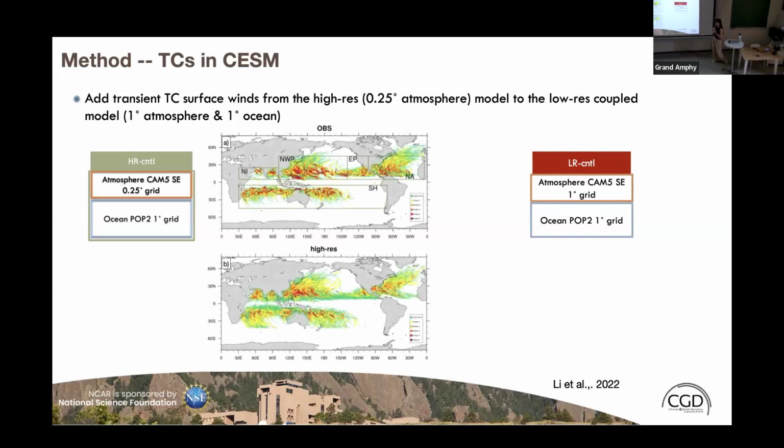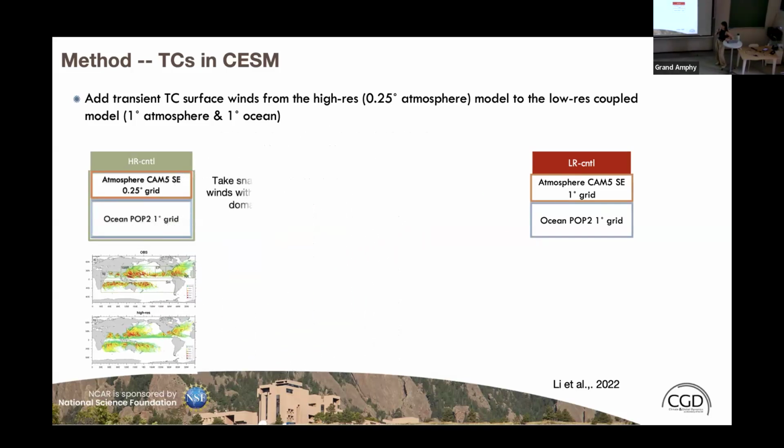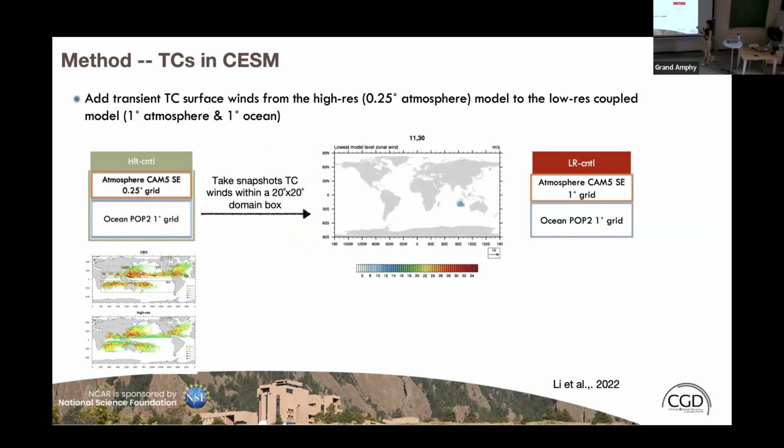This shows 30 years of tracks in the observations compared to the 1/4 degree CESM. You have the climatology, spatial distribution and number, relatively realistic compared to the observations. Then what we did next is track all these TCs, and at each time step, a 6-hour interval I believe, we take a snapshot.